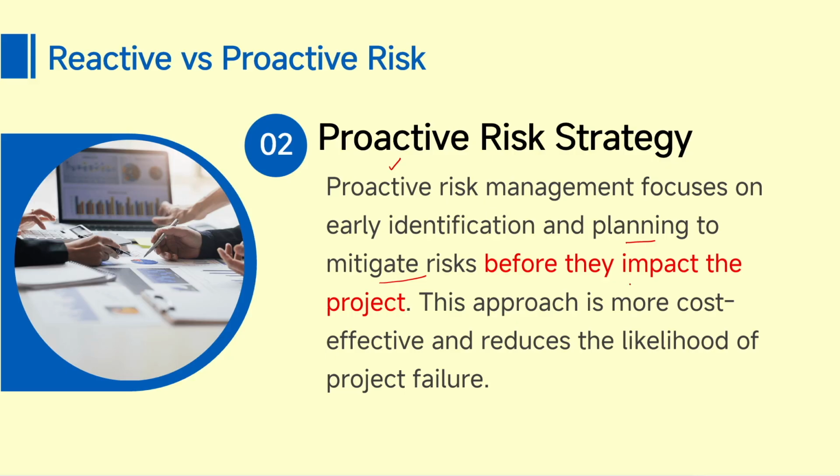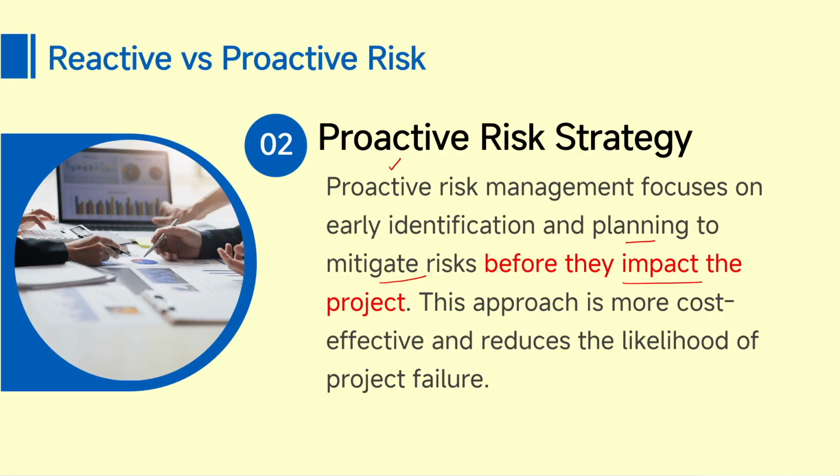So, before they impact the project, we will have a certain set of steps that could be used in order to overcome the risk. The time taken to make the contingency plan is very minimal when compared to the reactive risk strategy.